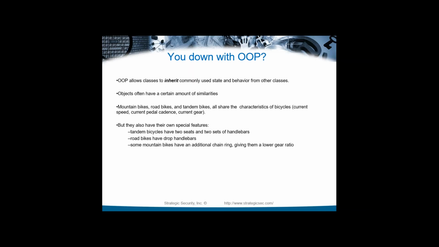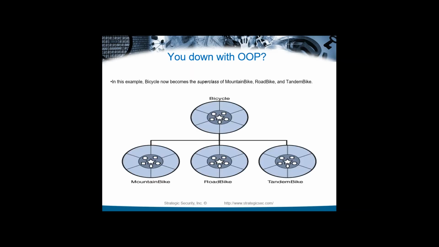Yep. Makes sense. So the reason that you want to have a class is you want some things to be able to inherit properties. So it doesn't matter if it's a bike. You can have a mountain bike, a road bike, a tandem bike. Each one of these bikes is going to have cadence, speed, pedals, gears, but there'll be different things about these bikes.